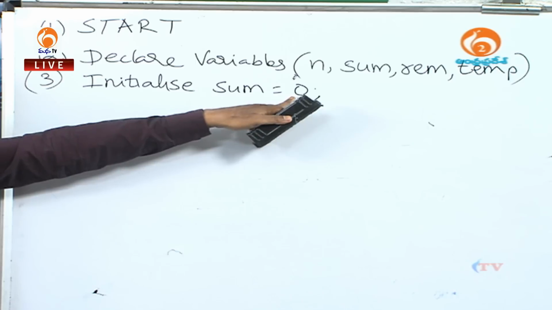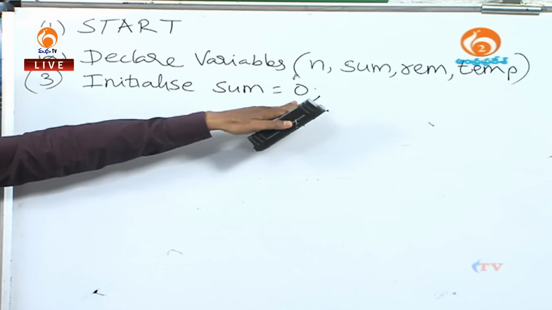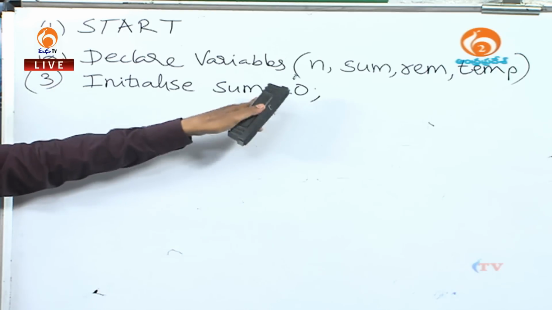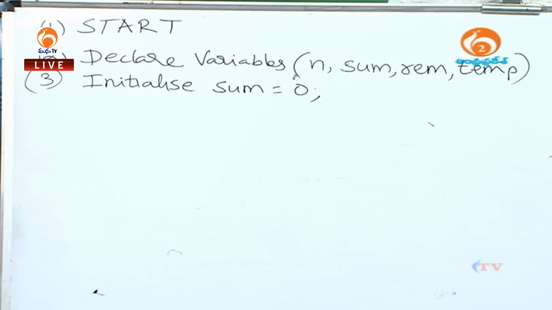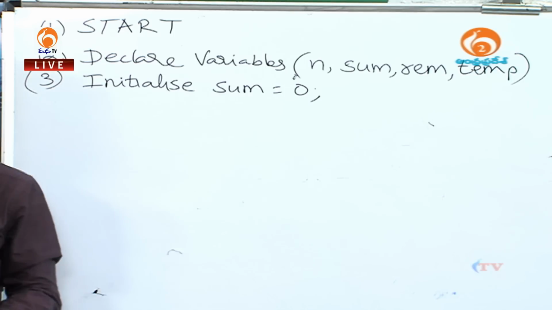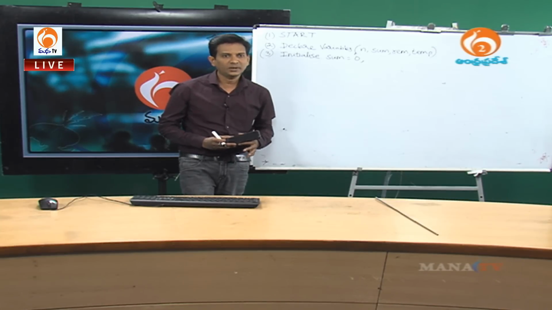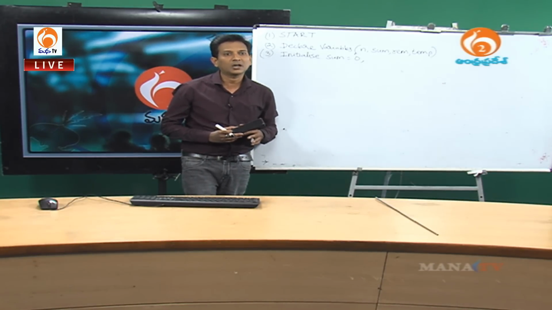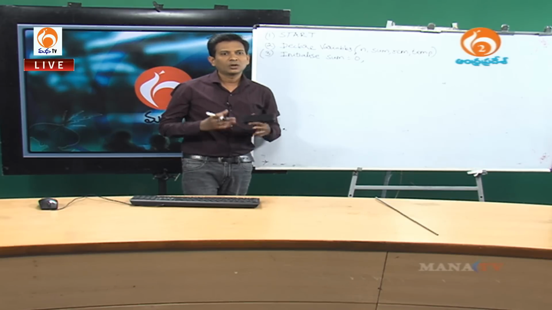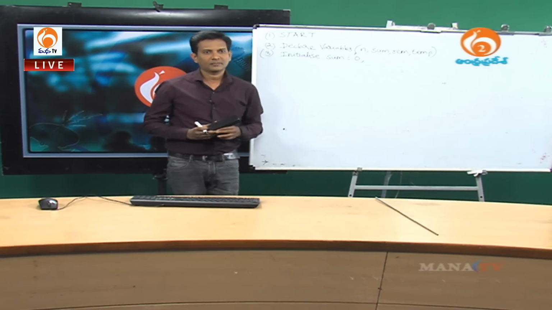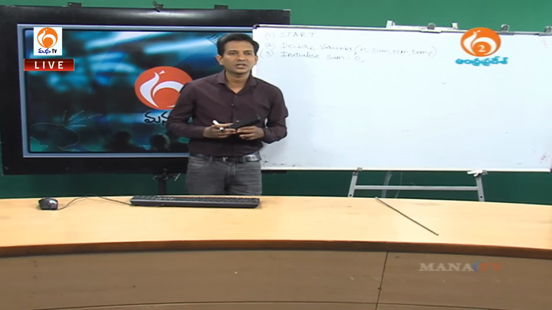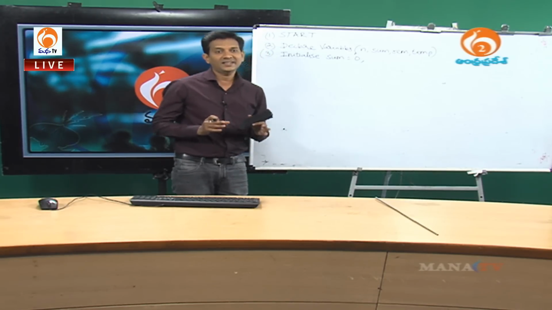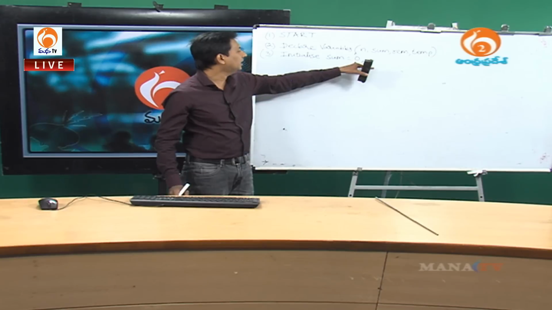Programmatically we need to write like that. If we don't initialize, every variable will contain a garbage value in C and C++. Default values are garbage values. It is not necessary in Java, because garbage collection automatically deletes it. But in C and C++, it must be given 0 here.